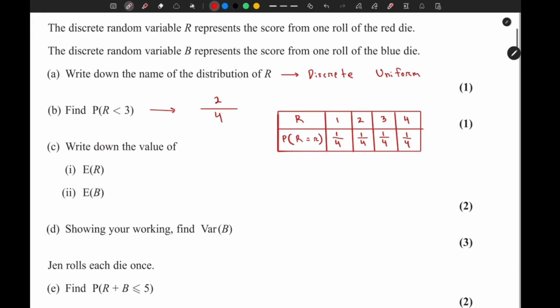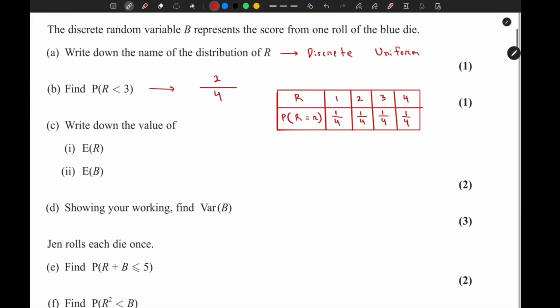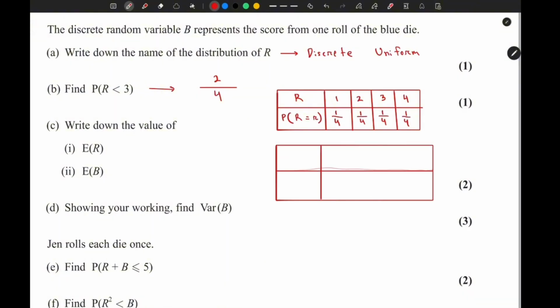Now this is a uniform distribution. As you can see from the first part, we have seen this is a uniform distribution, which means all of the probability values will be the same. Now let's draw the distribution for B. So let's assume that this is B, and this will be the probability of B equals b.